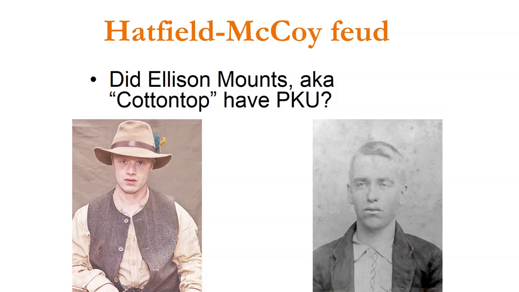They called him Cotton Top, and they kind of sacrificed him, and that kind of ended the feud. This kid was probably also the result of inbreeding, and the fact that he had blonde hair and was very slow suggests to me he probably had PKU. So there's the Lucia hypothesis.